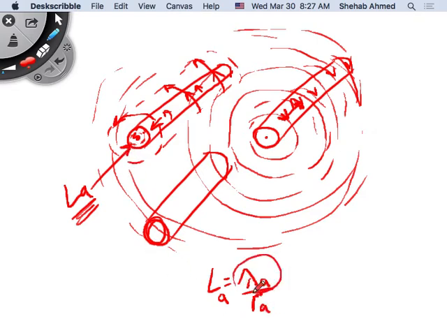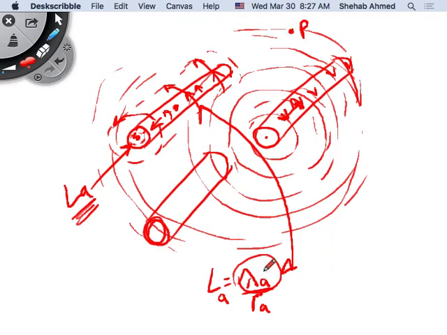So this total flux linkage will include contributions from conductor A, which we know how to do. We calculated lambda for that specific conductor, right? And we calculated lambda for the specific conductor from its center or its origin all the way to some point P in space, right? That's what we did last time. I can do the same.